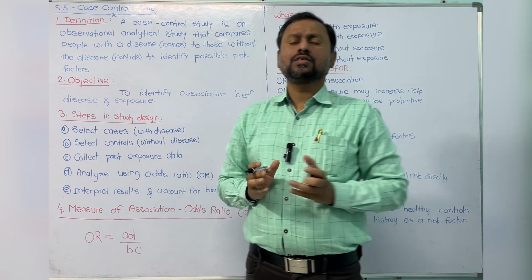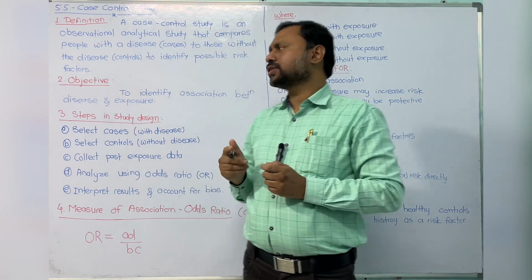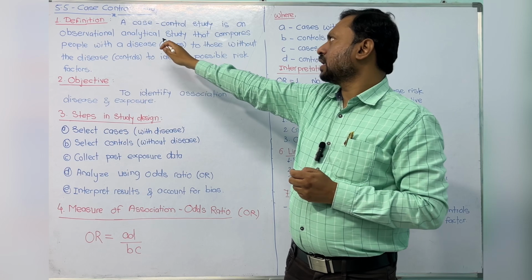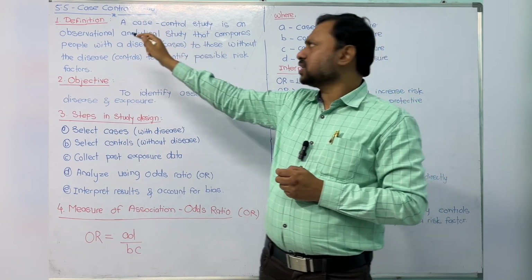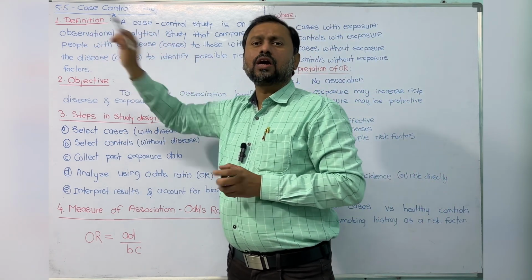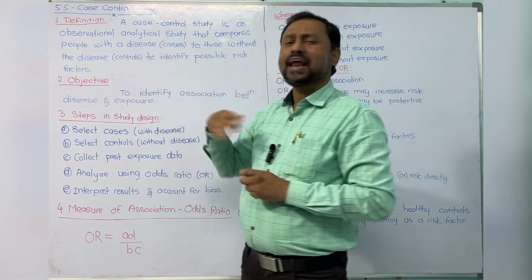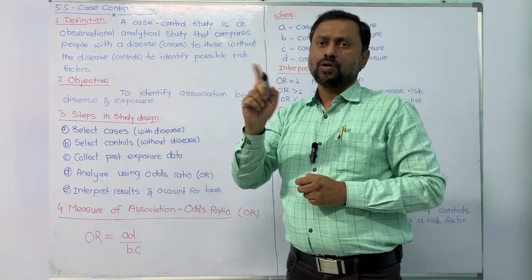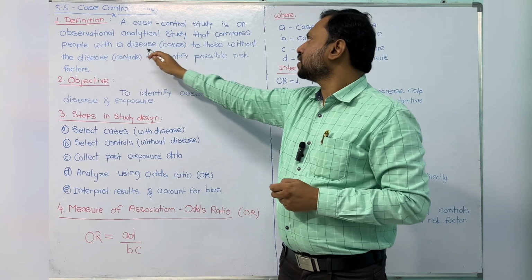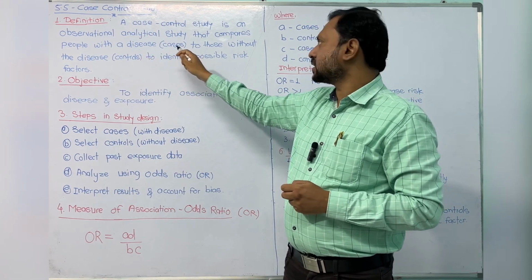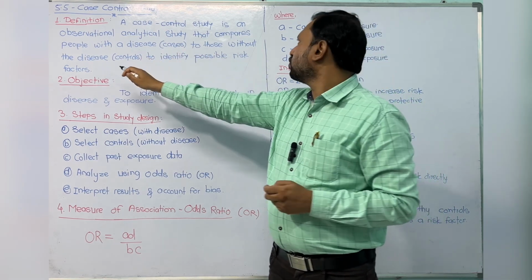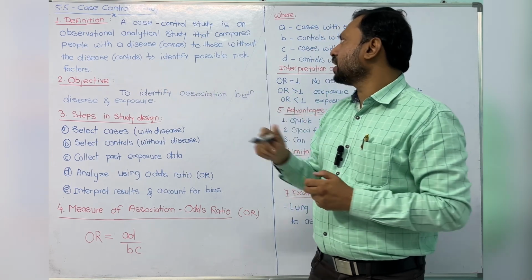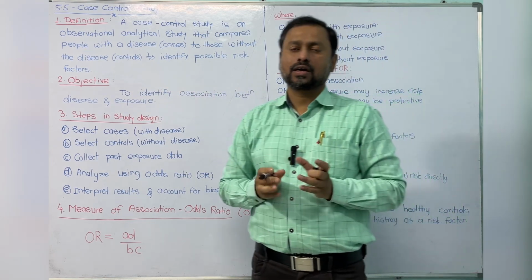Now the definition: what does case control study mean? A case control study is an observational analytical study. It means the researcher is only observing and analyzing. In this study we compare the people with disease, these are nothing but cases, to those without disease, the control group, to identify the risk factor.